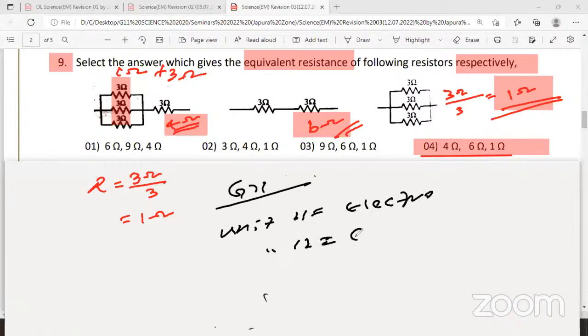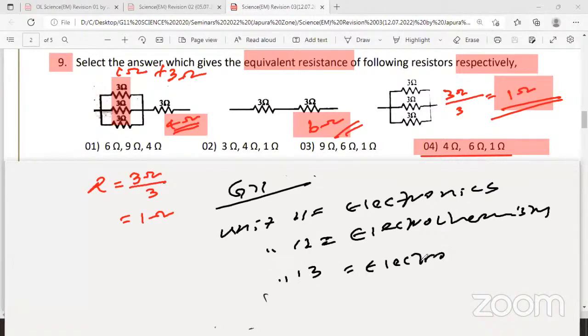Unit 11, electronics. Unit 12, electrochemistry. Unit 13, electromagnetism. And the 10th lesson, it's electricity.